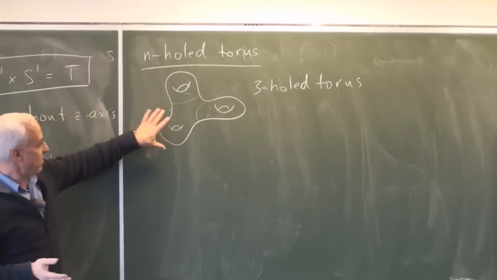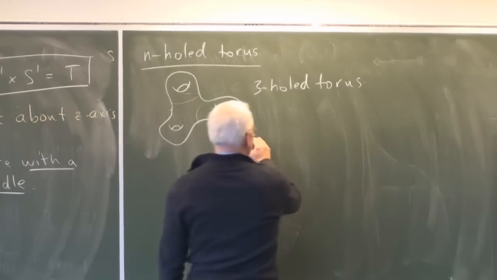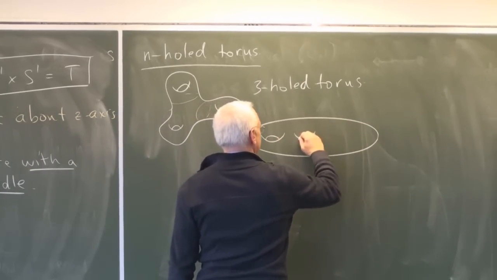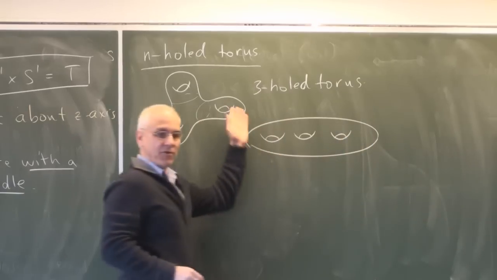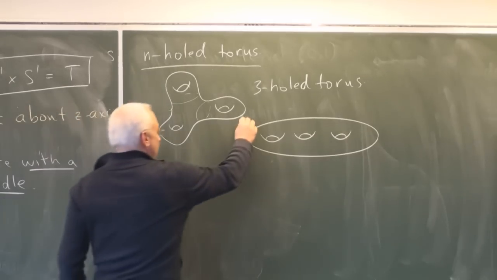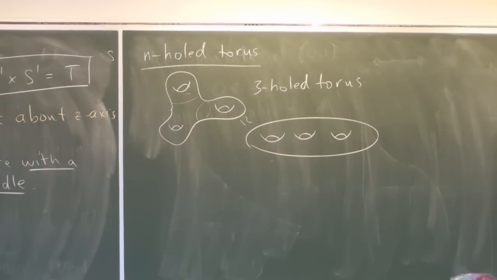We think of this object as being made out of plastic. It's empty inside, and it's deformable. And you could either think of it like this, or it's perhaps more usual just to think of it like this. Hope you'll agree that those are the same things. And obviously, we can increase the number of holes arbitrarily. We can make an n-hole torus.